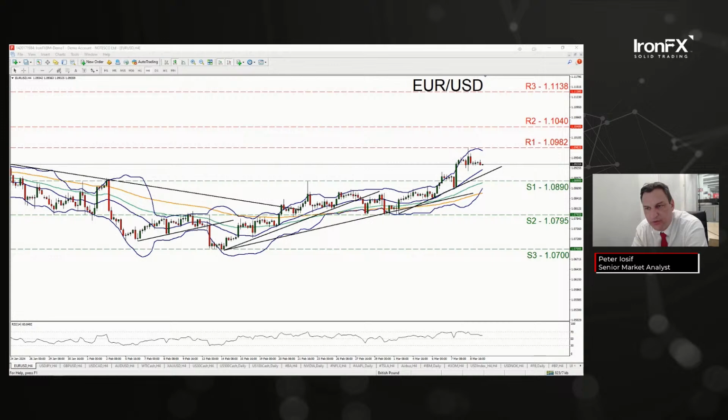It jumped from 3.7 to 3.9. Now, the rise of the unemployment rate was, in my opinion, a signal of how the tight monetary policy of the Fed had an adverse effect on the US employment market. More or less, that was an element which tended to weigh on the US dollar.